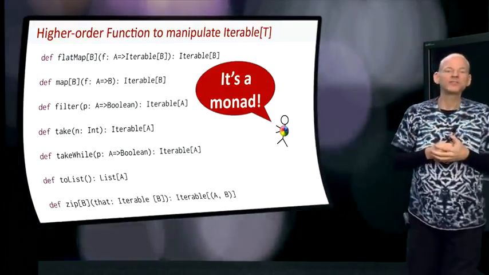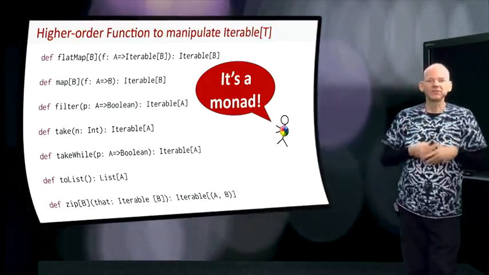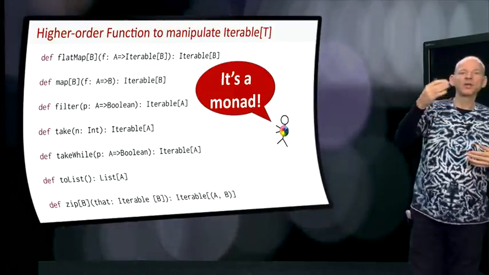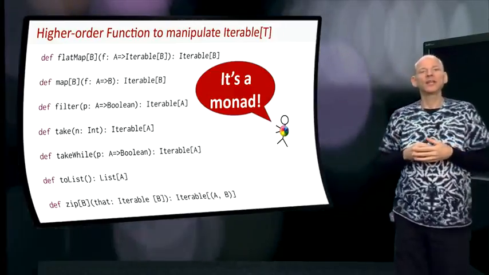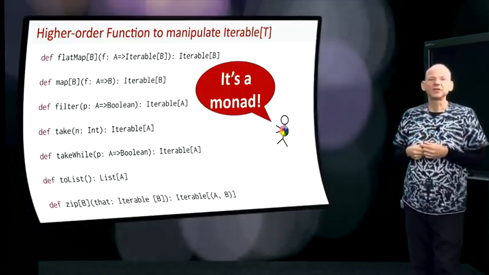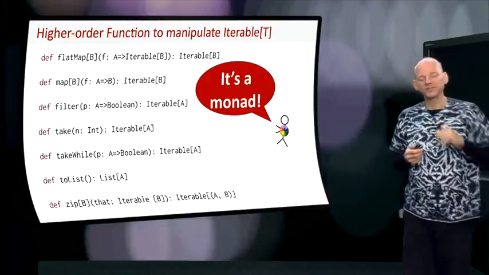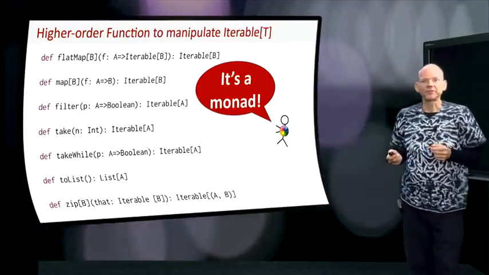And then there's the domain-specific ones, such as take, which takes the first n elements, or takeWhile, that takes a boolean predicate and iterates over the iterable, copying the values as long as that predicate is true. And then last but not least, there's our friend zip.